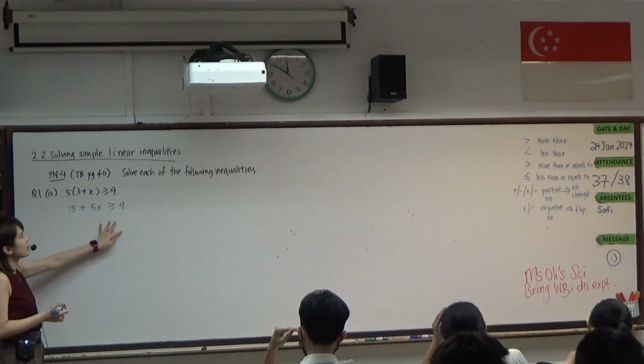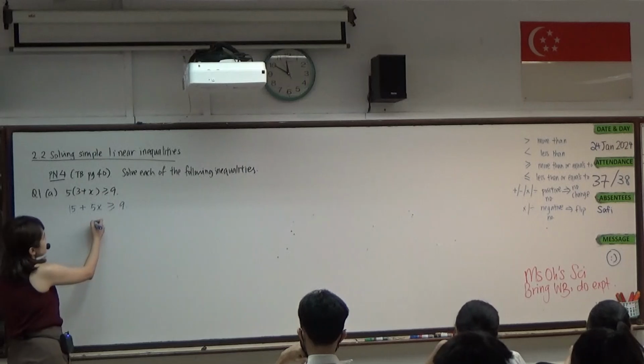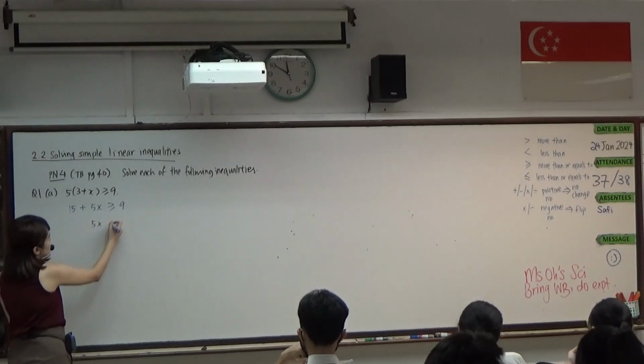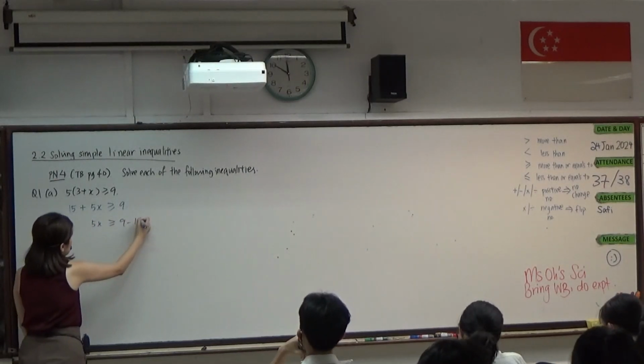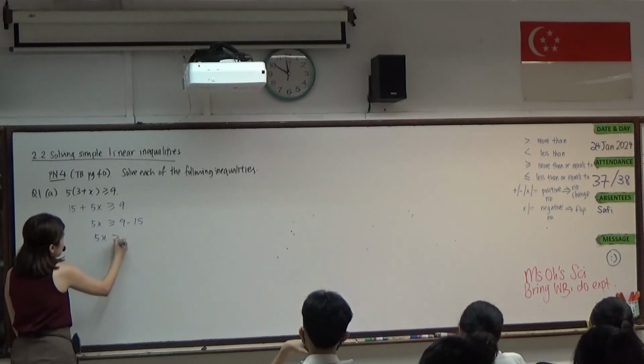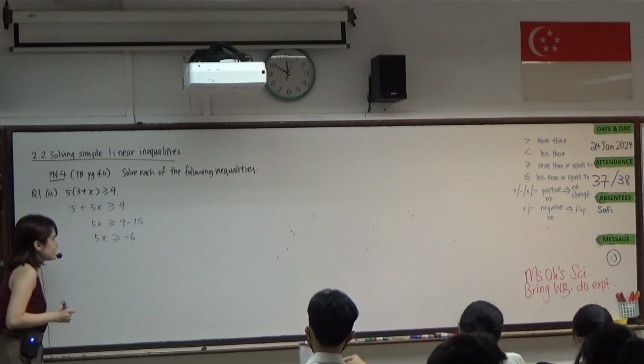So 15 plus 5x more than or equals to 9. Next step, you will have to bring the 15 over to the other side. 9 minus 15, that will give us a negative 6.